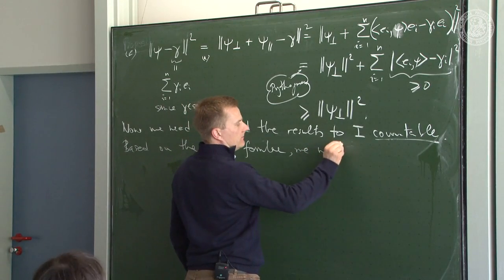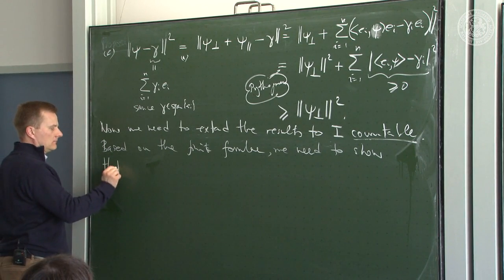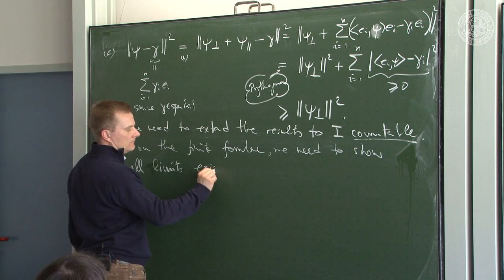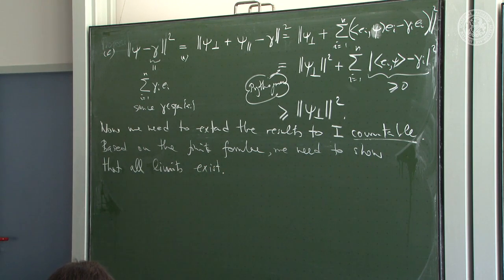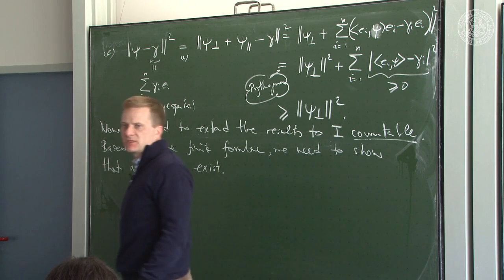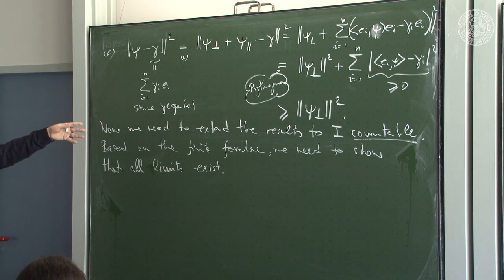We need to show that all limits exist. Because you can show all these formulae for the partial sums, so to speak. So you definitely need to do the finite case, you need to do these finite calculations. But once you did them, you just see whether all the limits exist.